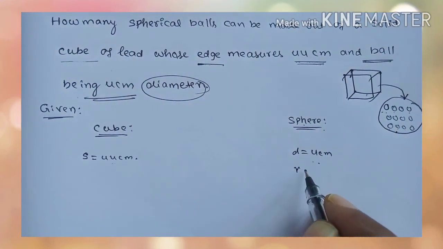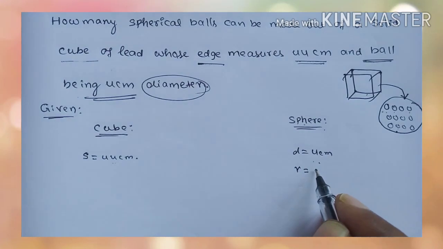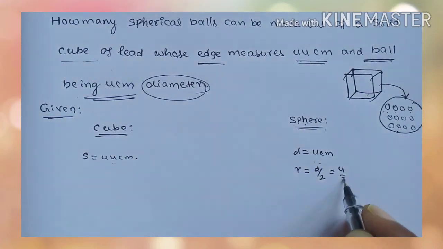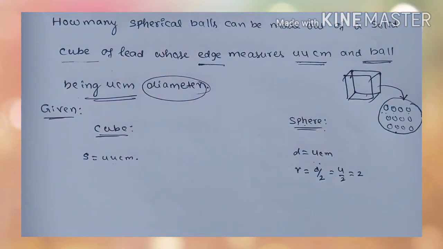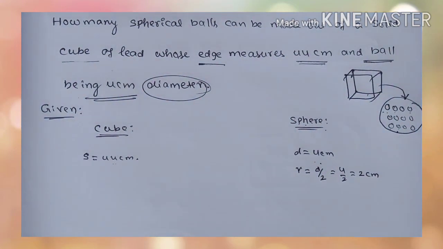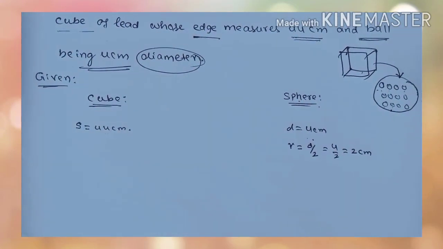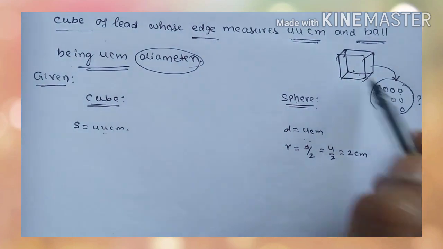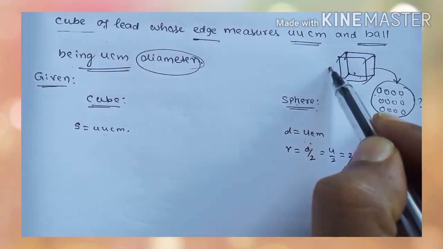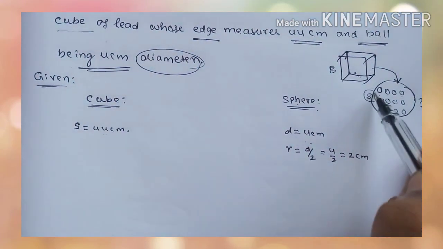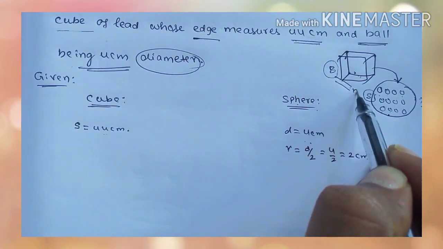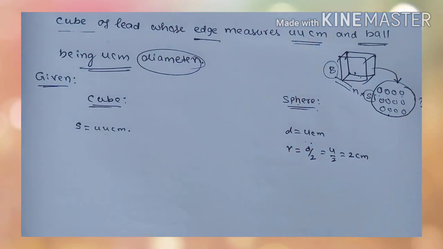Using the diameter we can find the radius. Radius formula is diameter by 2, so 4 by 2 is equal to 2 centimeters. Now you can observe clearly, with a simple trick you can solve the problem. Which is the bigger object? This is the big object and this is the smaller object. So big object volume is equal to n into smaller object's volume.